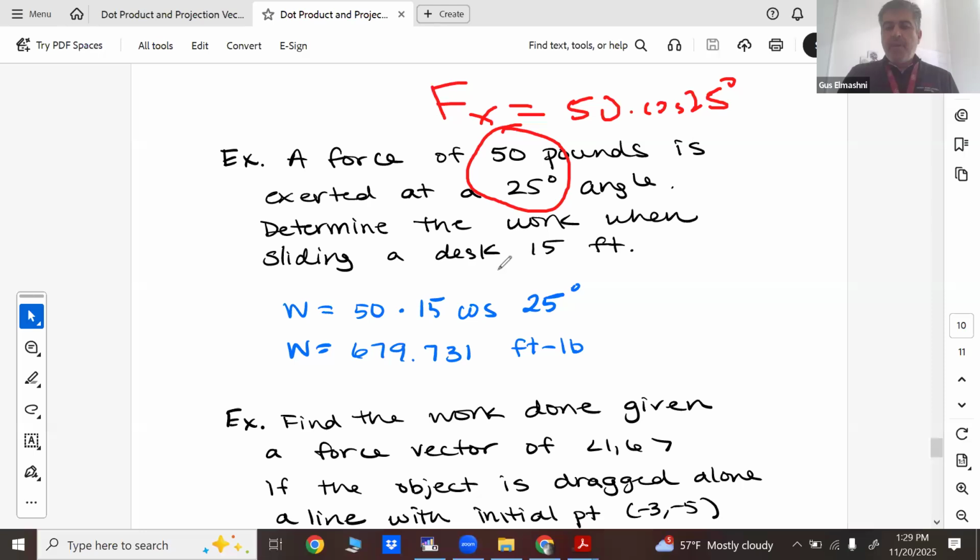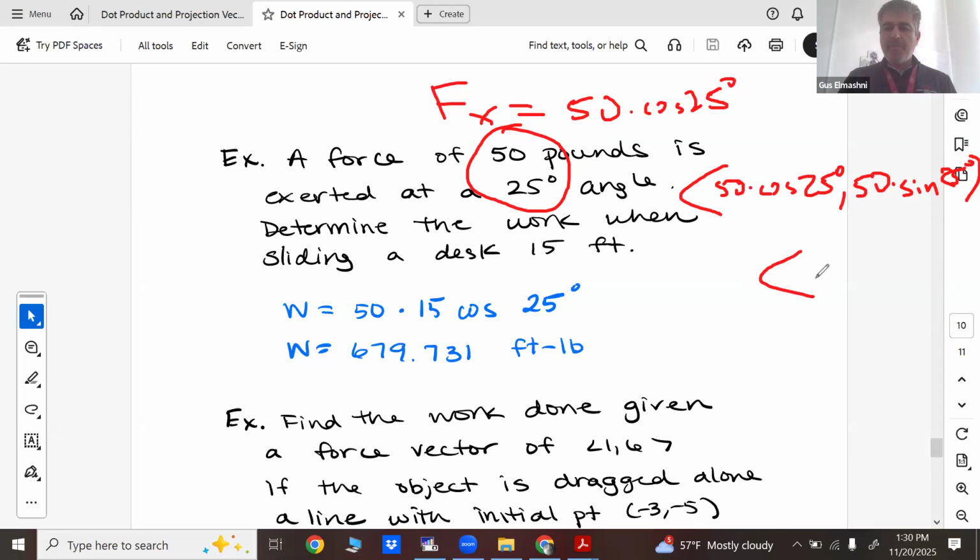That works. If you want to rewrite this as a vector, you could have done this also. Do we have to rewrite it as a vector? Not really, because it's kind of a waste of time. Because you could have done this, right? If I wrote force in vector form, I'd have this.